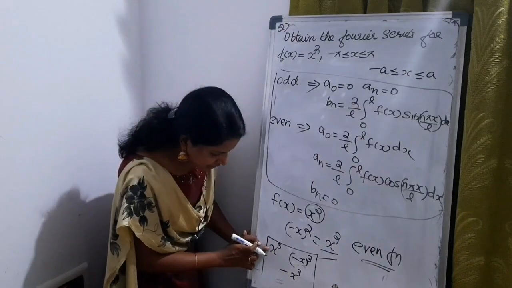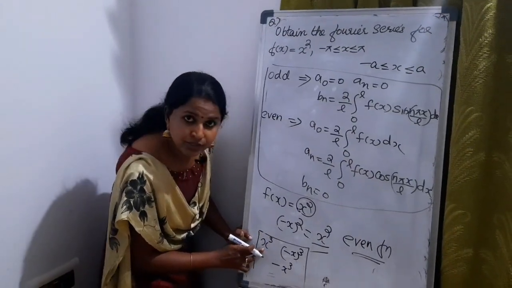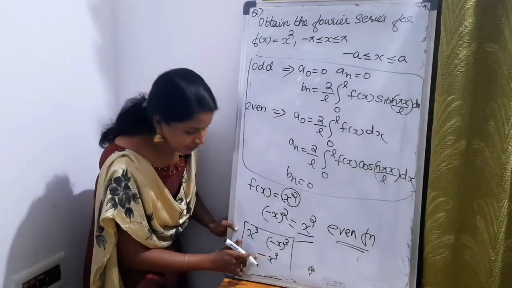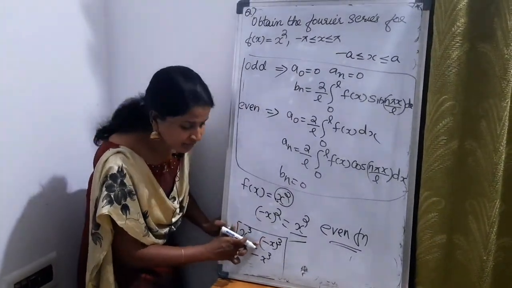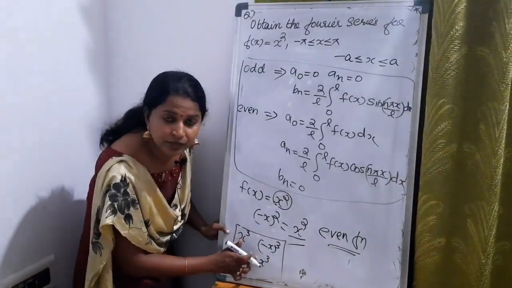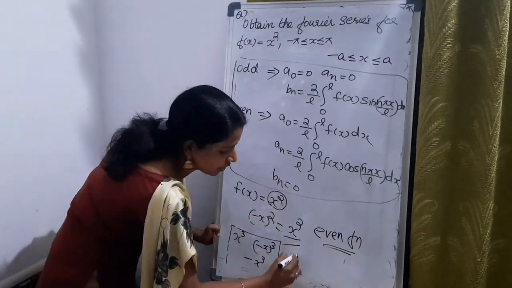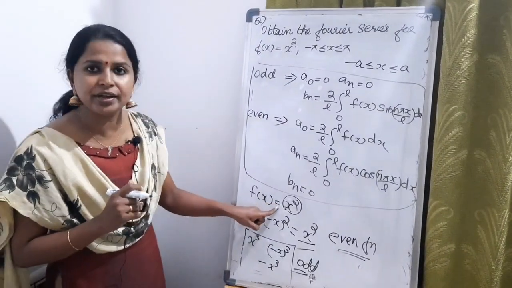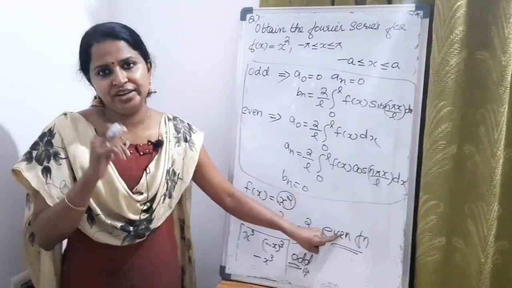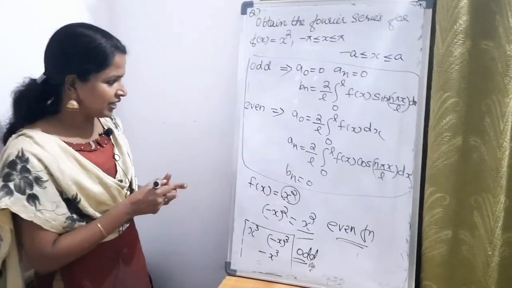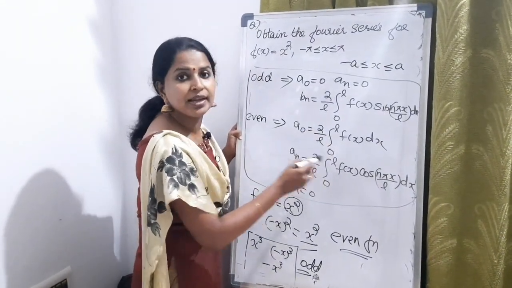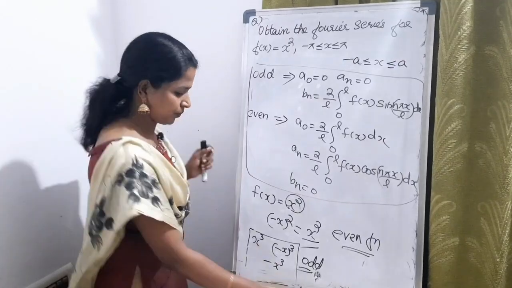That is, we get x cube with the minus sign. That is, we put x equal to minus x, we get minus x cube. So this is odd. Here x square, so the function is even. So we can write a naught equal to this formula, an equal to this one, and bn equal to 0.